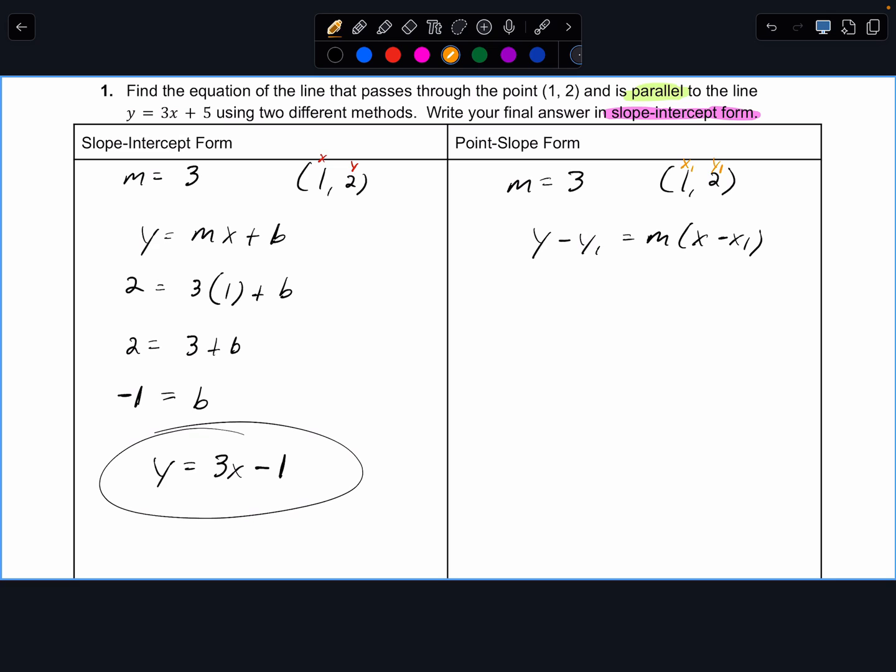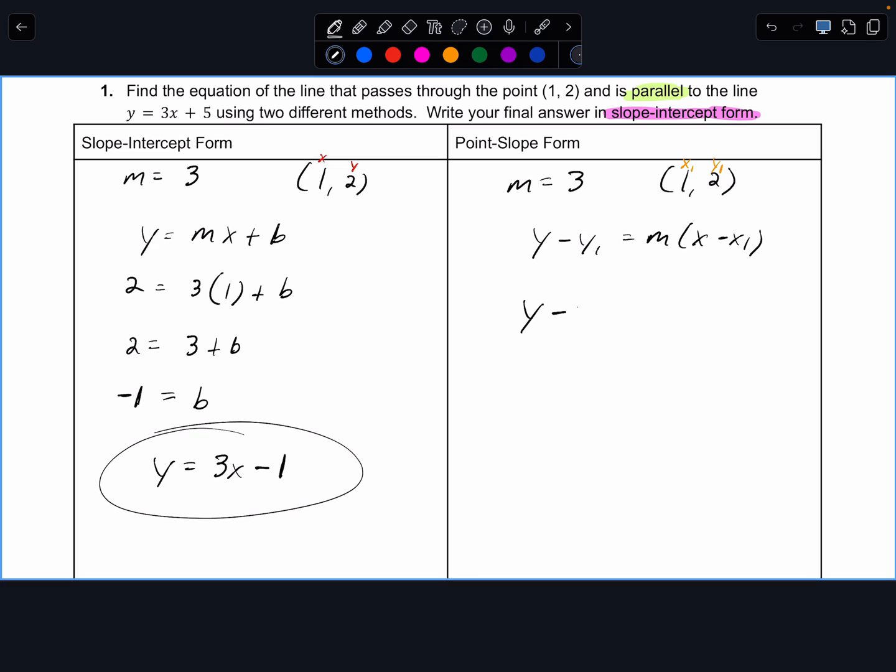And the hard part here, guys, is what are the operations between the y and the y sub 1 and the x sub 1? What operations between there? Subtraction, right? So when I write this down, both of these, the point for the ordered pair, those are positive numbers. But watch what happens when I write them down.